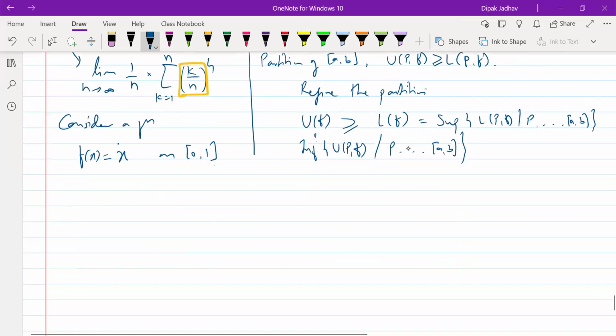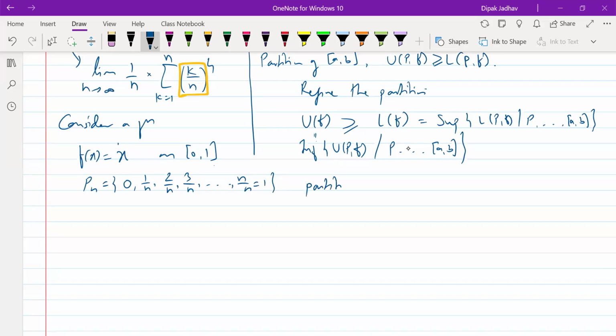So a suitable partition I need to choose. We must have seen this is a suitable partition: 0, 1 by n, 2 by n, 3 by n, and so on, n by n is equal to 1. This is partitioning the closed interval 0 comma 1 into n equal parts.